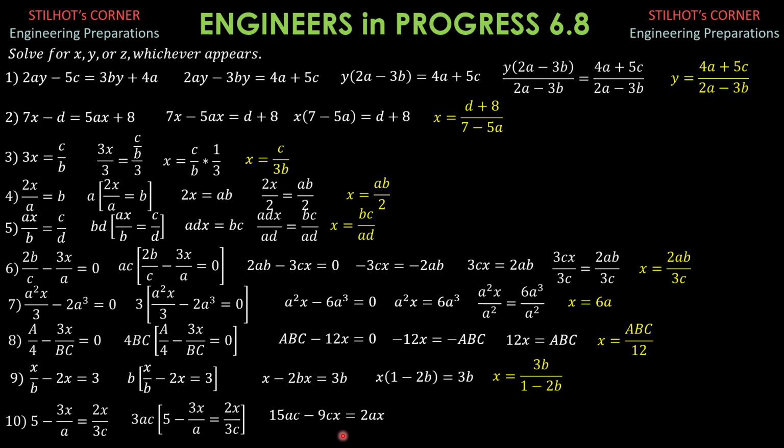Transpose cx to the right, so 15ac equals 2ax plus 9cx. Factor out x. 15ac equals x times quantity 2a plus 9c. Divide everything by 2a plus 9c. So therefore, x is 15ac over quantity 2a plus 9c, because in the right side, what is left is x.